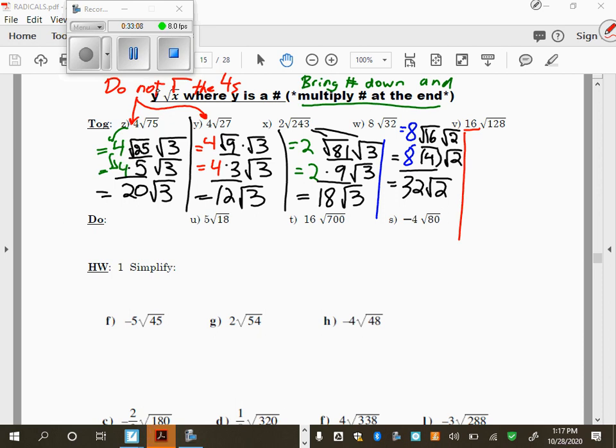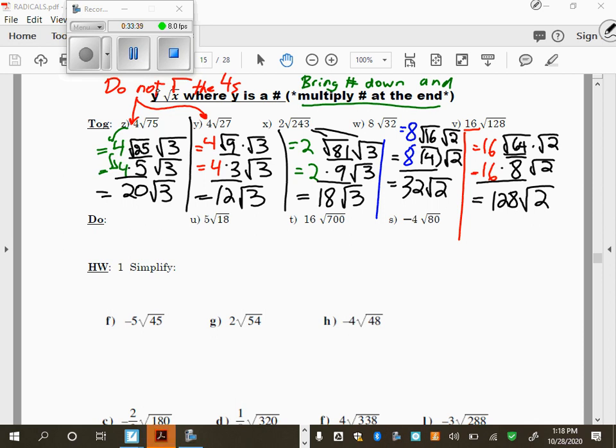B. Do you square root the 16? Nope. You leave it. We saw 128 yesterday. What is it? 64 times 2. Square root of 64 is 8. And what's 16 times 8? Is it 128? 80 plus 48. 128 radical 2.